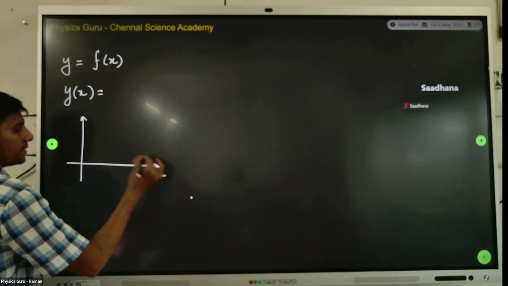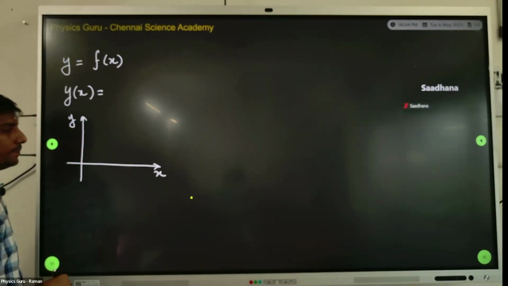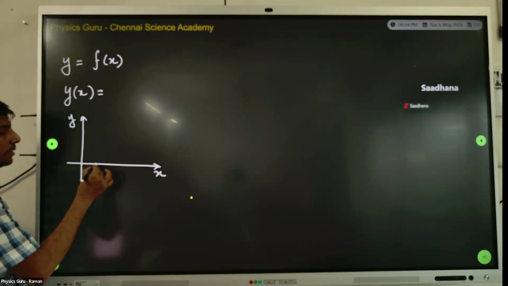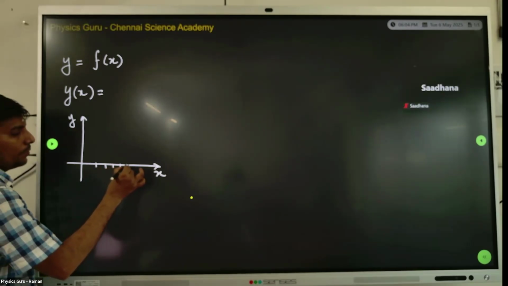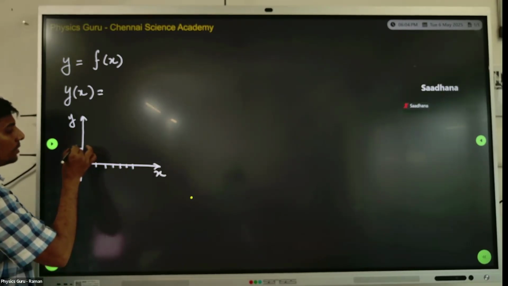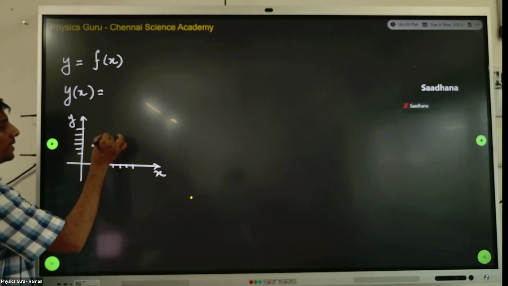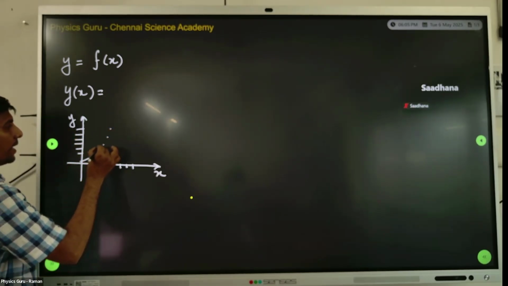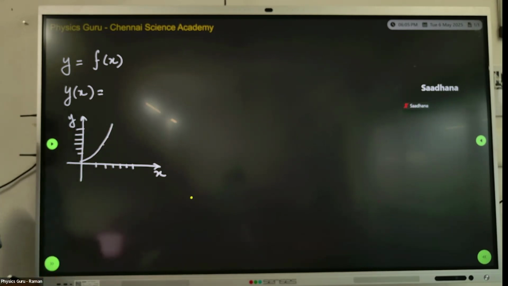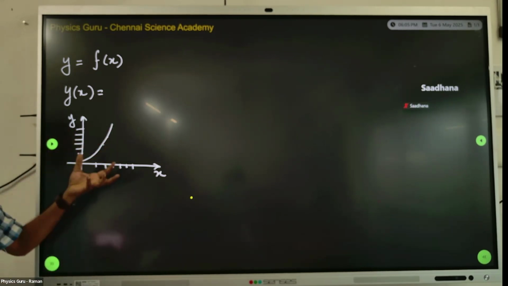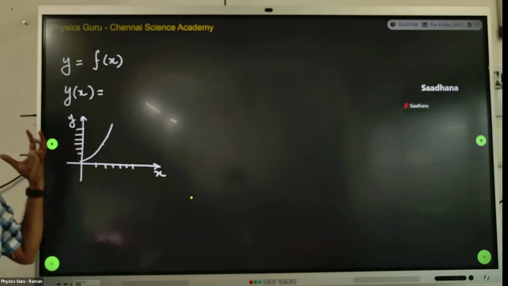So here I have the x and here I have the y quantity. When the x values vary, the y values also vary. Now I can mark a few points here and there, and if I connect them together, they can form three types of formations.